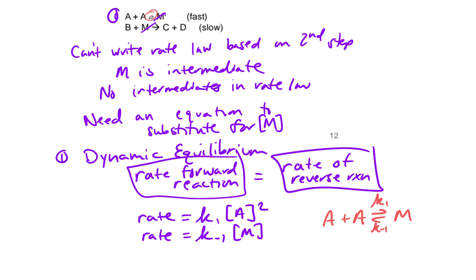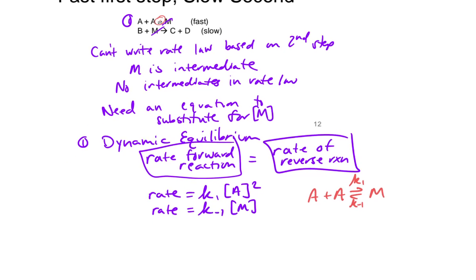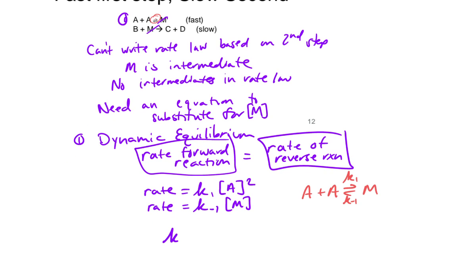Now we have two equations, and we can set them equal to each other because the rate of the forward reaction is equal to the rate of the reverse reaction, meaning these two numbers are the same. So K1 times A squared equals K minus 1 times M. Oh, we're so close to the end of class.